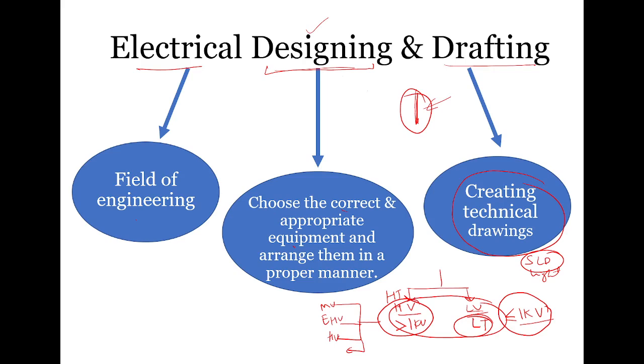But nowadays we are doing drafting using CAD software. Mostly people use AutoCAD for 2D drafting. So these are the different words that we should know before starting, and it should be clear in every mind what we are going to learn in this workshop: LV system, and electrical designing and drafting.